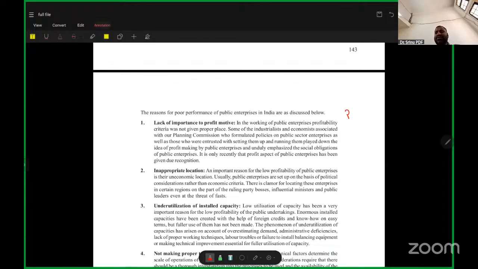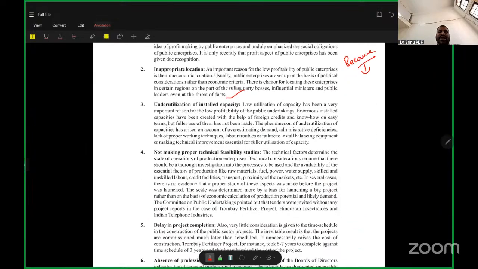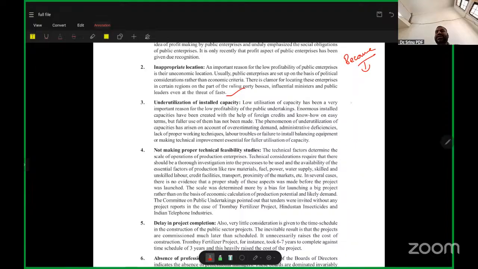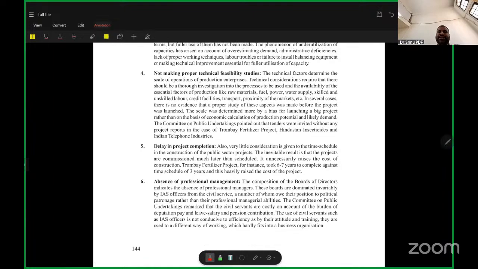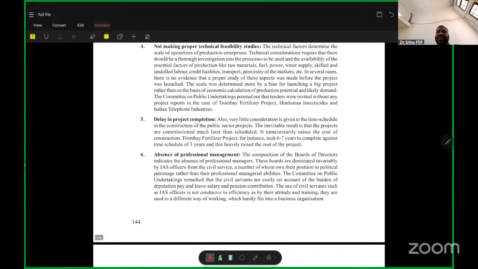Then, because of political interference, they established the plants in the wrong place, and there was underutilization of installed capacity. Whatever capacity is there, they are not using it properly or fully, not making the proper technical feasibility studies. There was delay in project completion and absence of professional management.